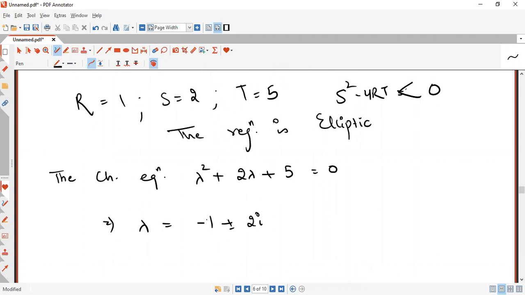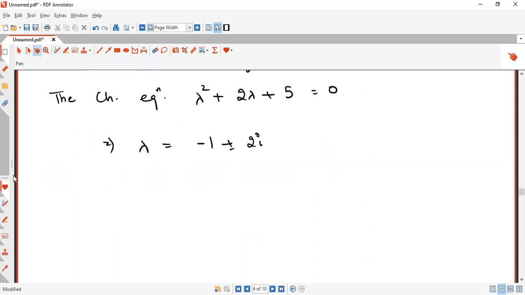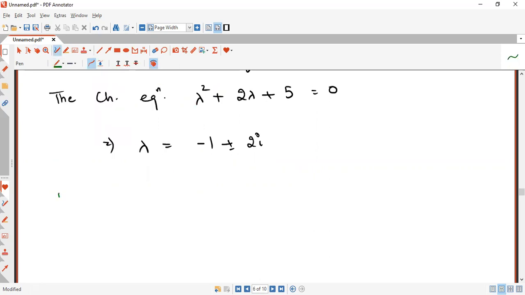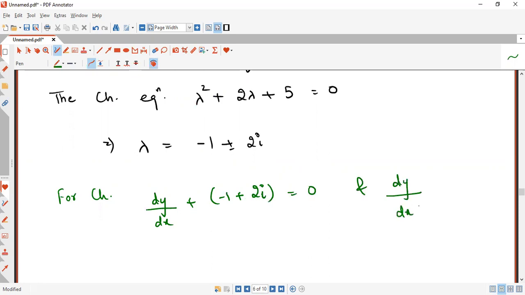So here it is minus 1 plus minus 2 iota. So again, two equations will be found. We take the differential equations dy by dx equals minus 1 plus 2 iota and dy by dx equals minus 1 minus 2 iota.